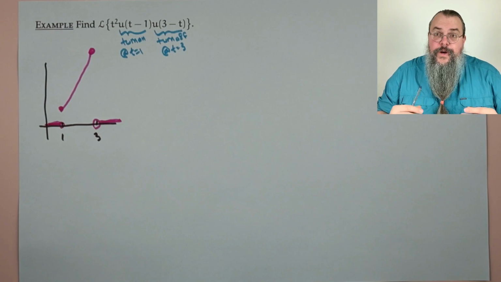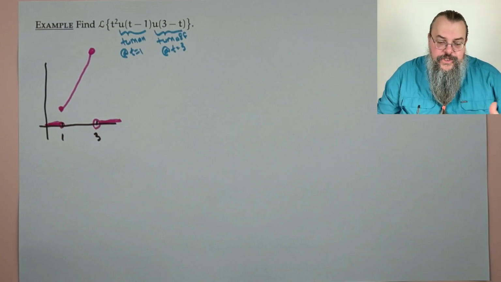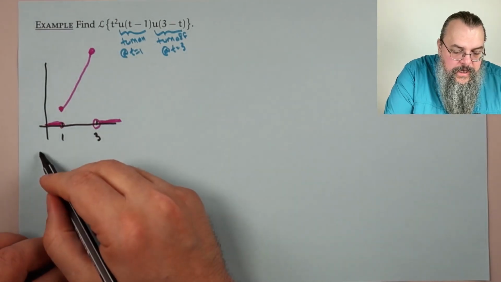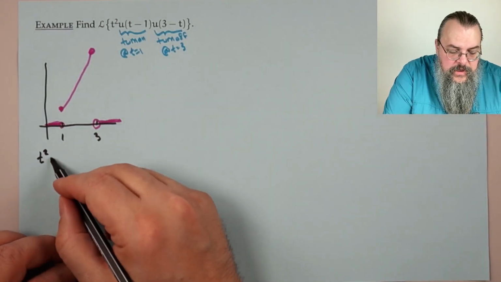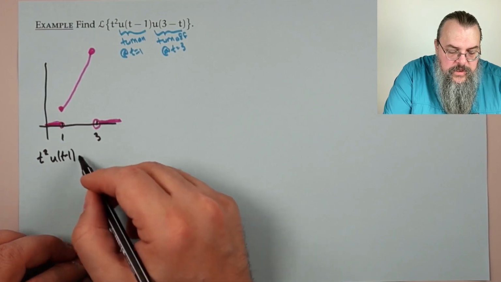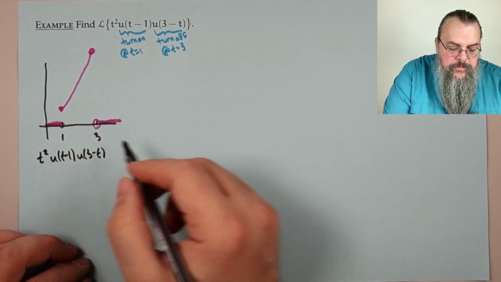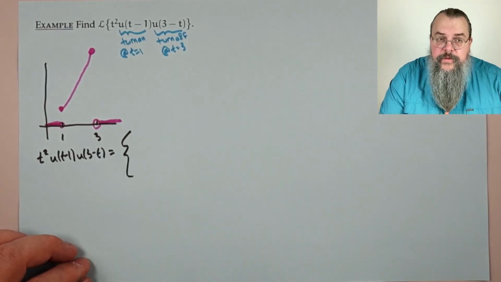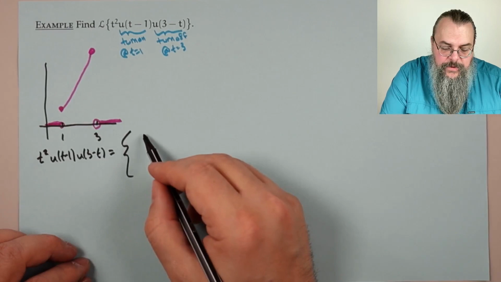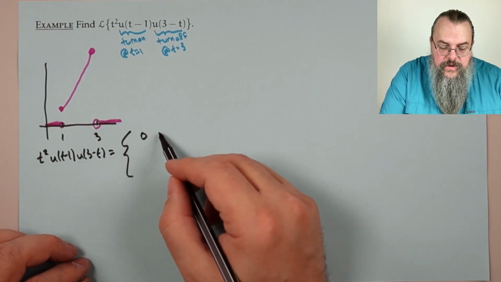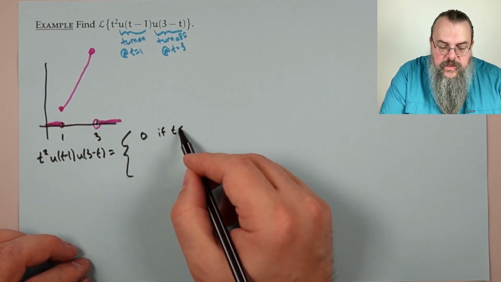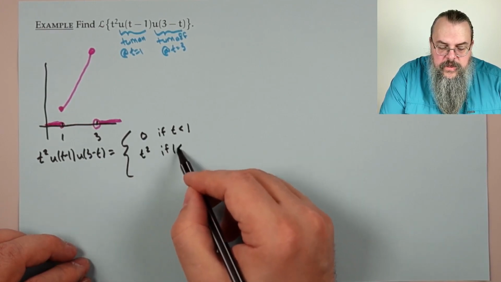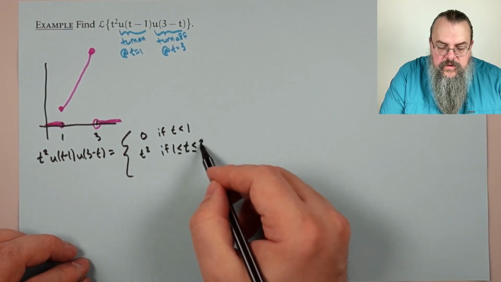So let's think about our function. Our goal here is to write the function t squared u(t minus 1) u(3 minus t). If we think about it in terms of the normal way we write a piecewise function, it's 0 if t is less than 1, t squared if t is between 1 and 3, and 0 if t is above 3.